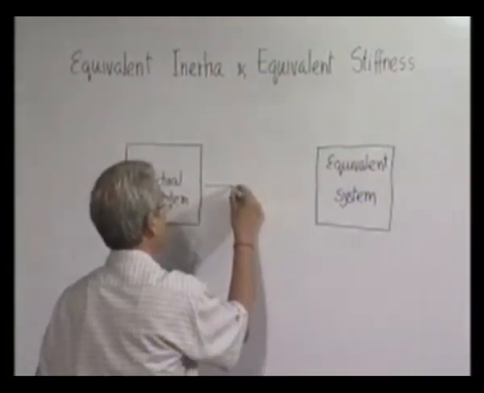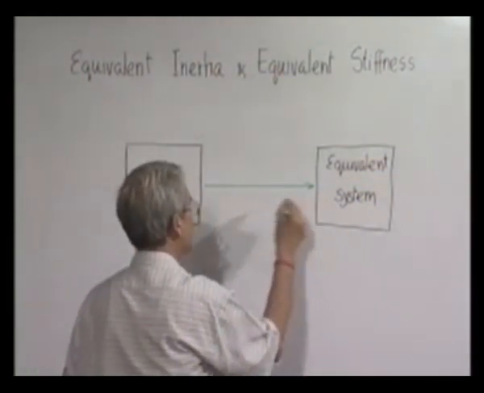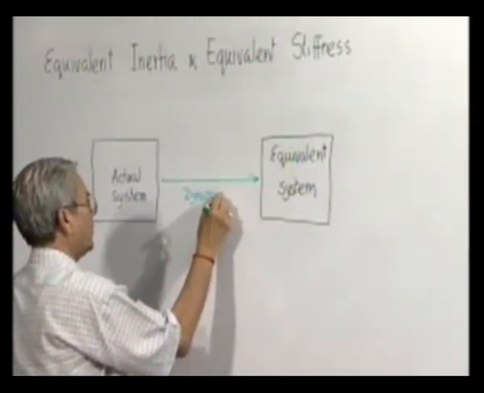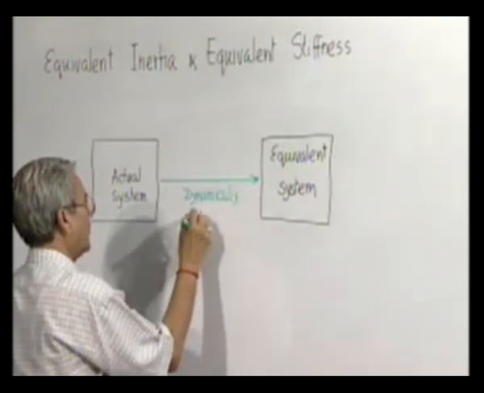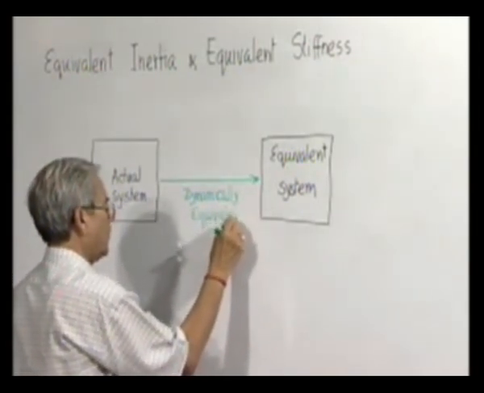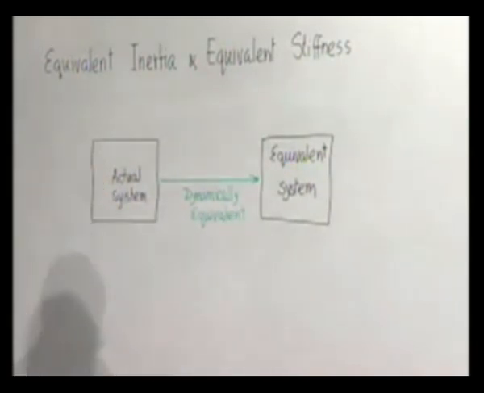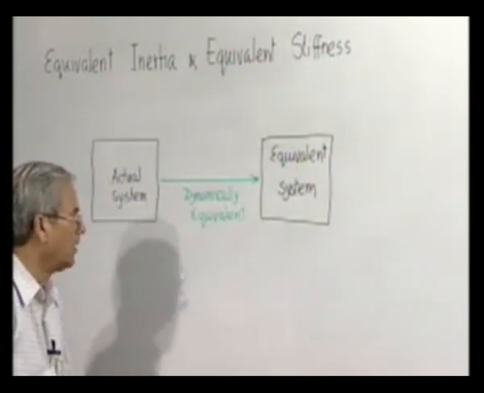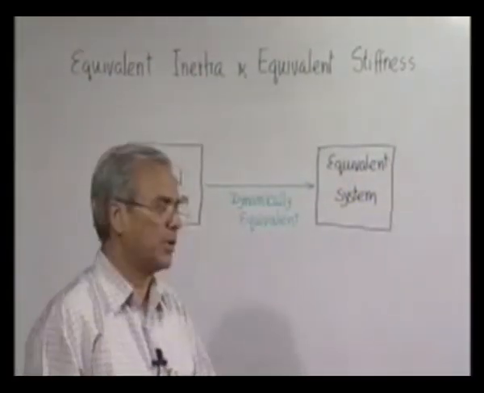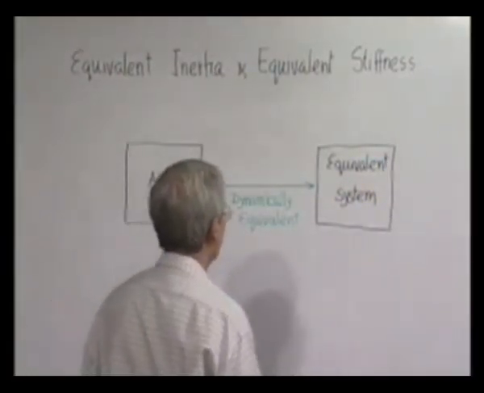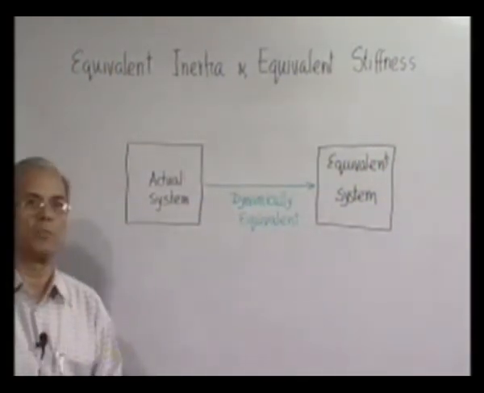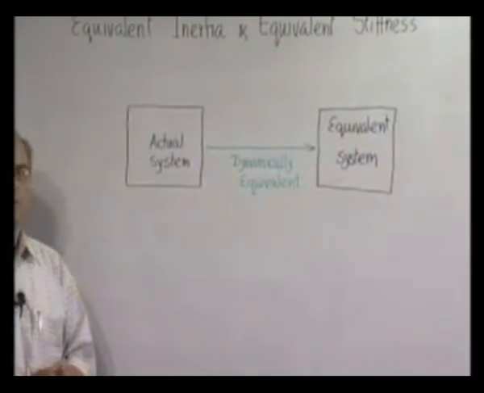But when you do that, it must be dynamically equivalent. Dynamically equivalent means that if I apply certain force or certain moment, the acceleration produced in the system will be same as that what would have happened if the same force or moment had been applied to the actual system.